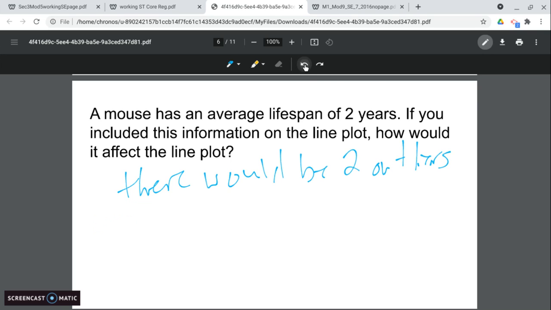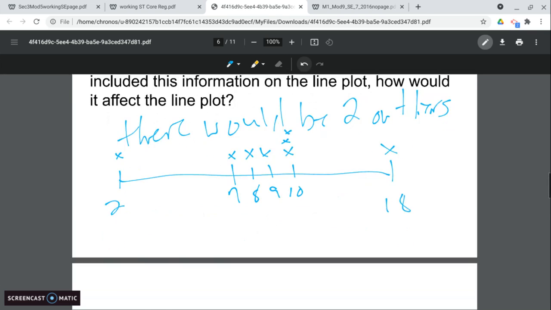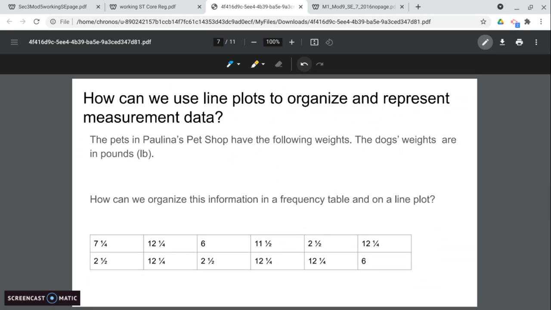There would be 2 outliers, because we'd have the 2 way down here, and then we'd be all the way up here with our 18, and then we have our 7, 8, 9, and 10 all right here. So it'd be very spread out.